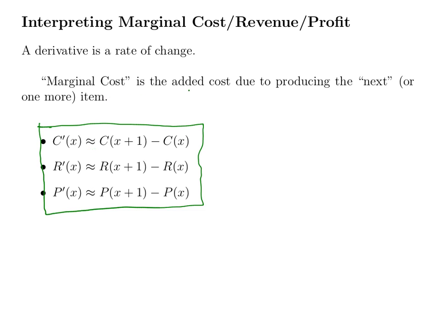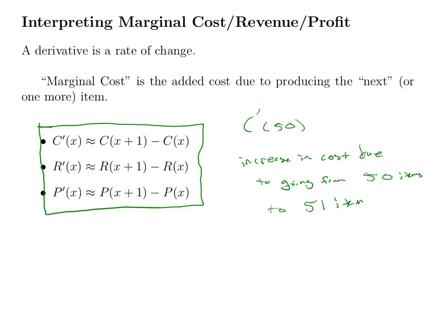Marginal cost, it's an added cost due to producing the next item, or we could say one more item. So for instance, if we were looking at C prime of 50, what we're doing is we're looking at the increase in cost due to going from 50 items to 51 items produced.